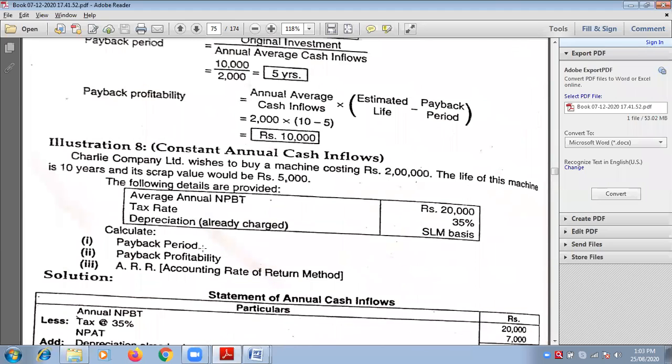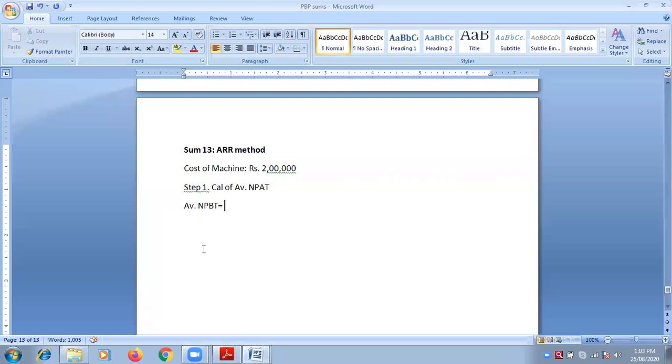So coming back to the question, coming back to the ARR method, we have net profit before tax 20,000 and tax rate is 35%. It is average. There is no point dividing it by the number of years.